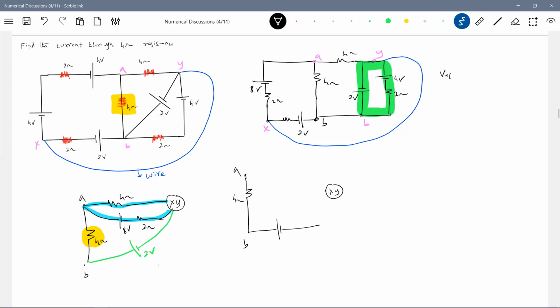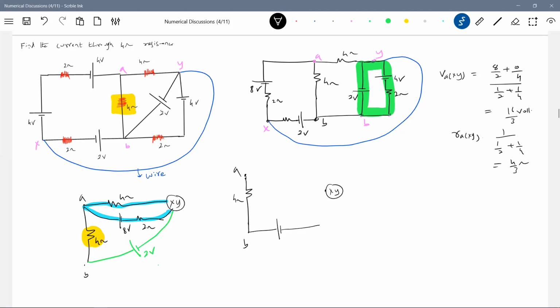VAXY should be equal to (8 by 2 plus 0 by 4) divided by (1 by 2 plus 1 by 4). So this will be 16 by 3. Then what about RAXY, the equivalent resistance? This should be equal to 1 by (1 by 2 plus 1 by 4). So this will be 4 by 3 ohm.